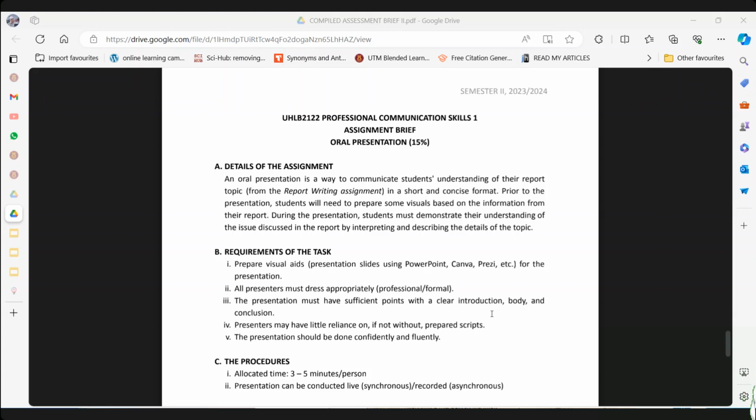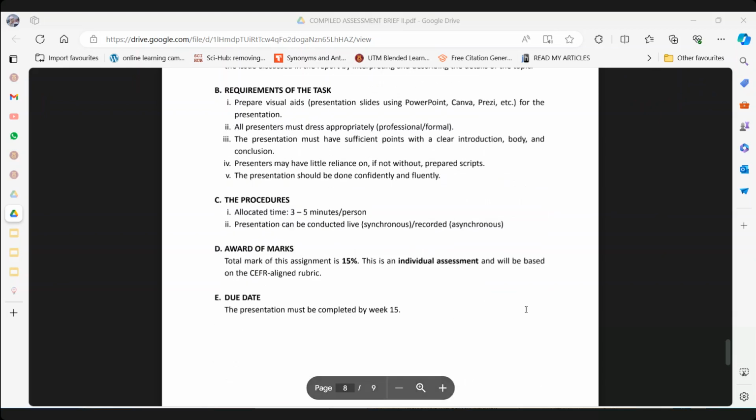So hence the reason why I said earlier, if you really understood the inside and outside of your problem, of your report, I believe you can definitely present without having to refer to any notes. That's why again I want to repeat the keyword: understanding. Now the procedures, I think I have shared with you the arrangement of the presentation.